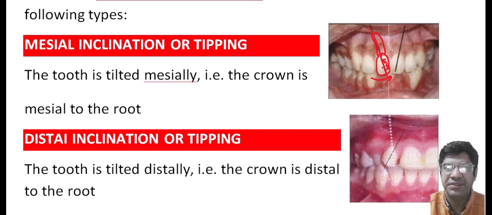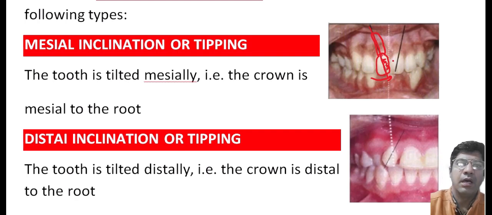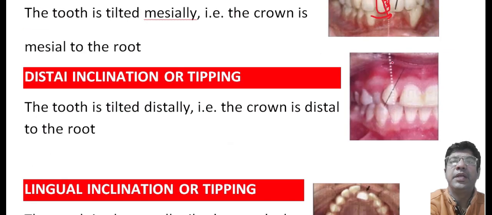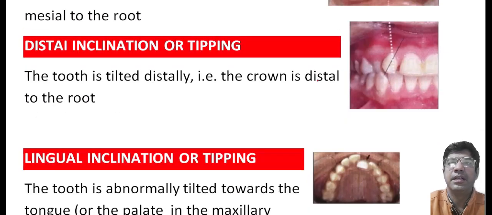Whereas the distal inclination is when the tooth is tilted distally, that means the crown is tilted to the distal side as compared to the root portion.